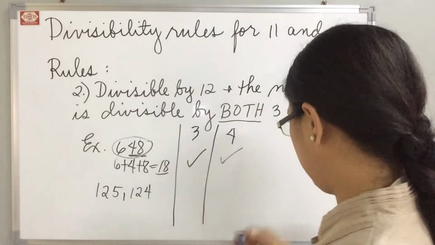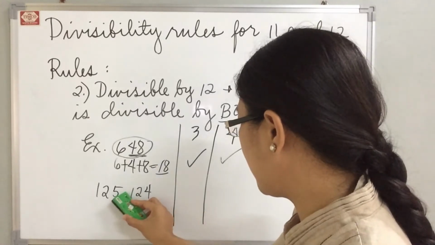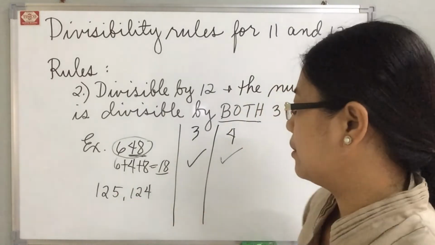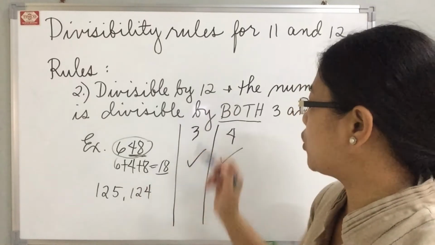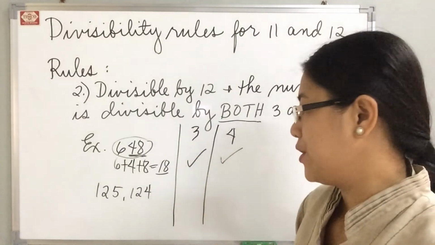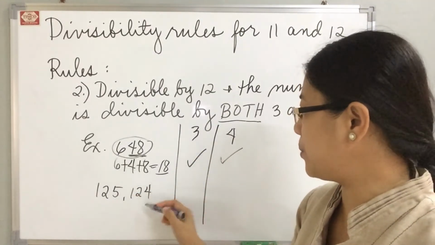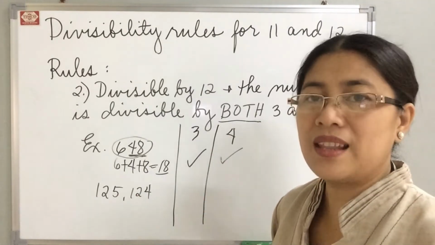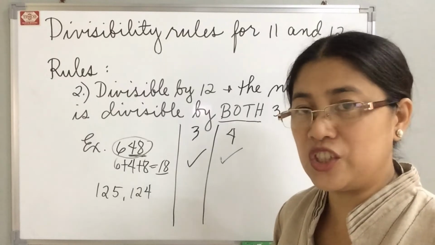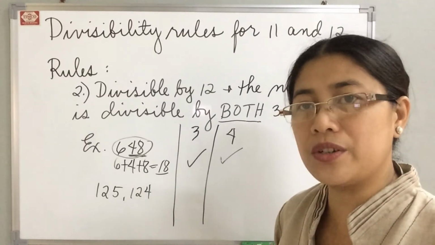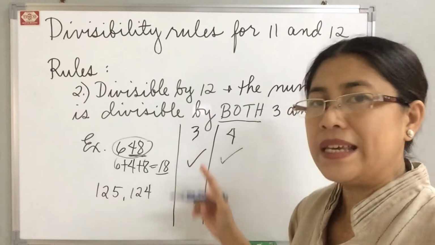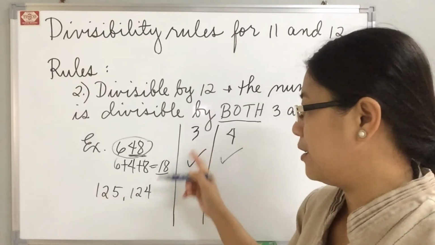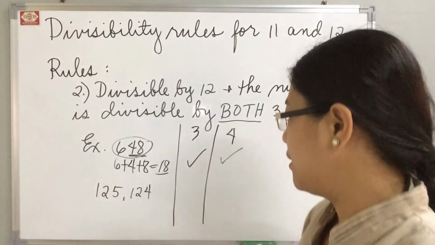Another example, we have 125,124. Now, let's identify if this number is divisible by 12 by applying the rule. So, let's identify first if this number is divisible by 3. So, again, what is our rule? Let's add all the digits. And then, if the sum is divisible by 3, the whole number is divisible by 3.